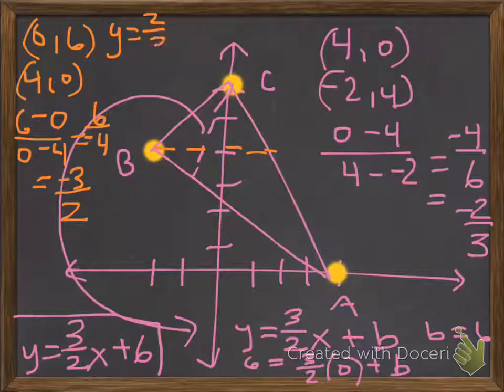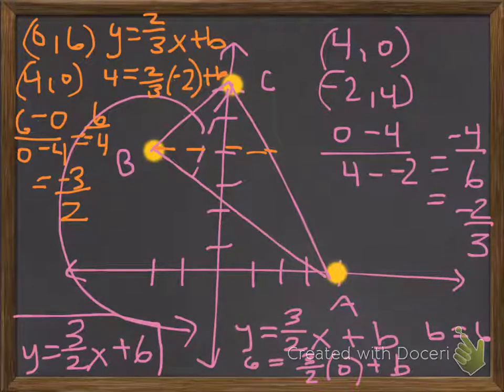And then the altitude coming from point B is going to use the opposite reciprocal slope, which is positive 2/3. Set it up in slope-intercept form and use point B now to find the b, or the y-intercept. So point B is negative 2, 4. So 4 goes in for y, negative 2 goes in for x. We get negative 4/3.